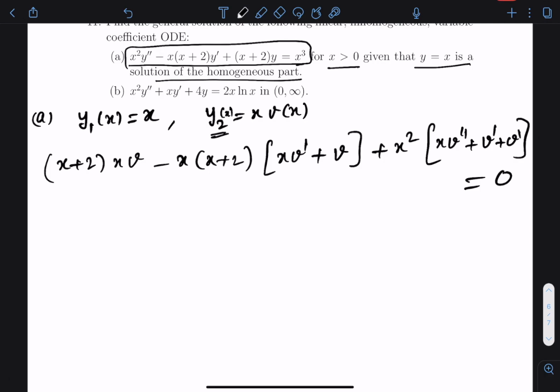Okay, so now you see here there is an x plus 2v, and there is a minus x plus 2v. So this term here and this term here cancel off, right?